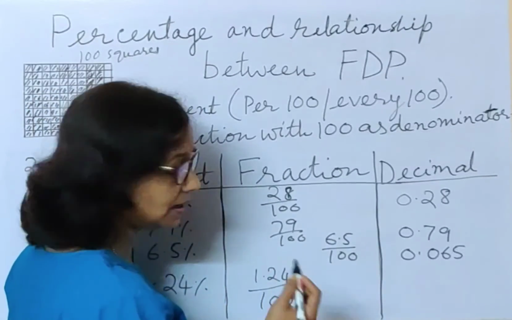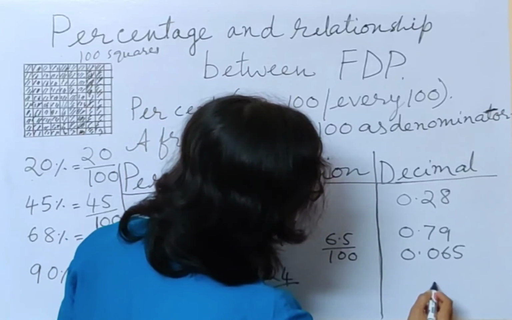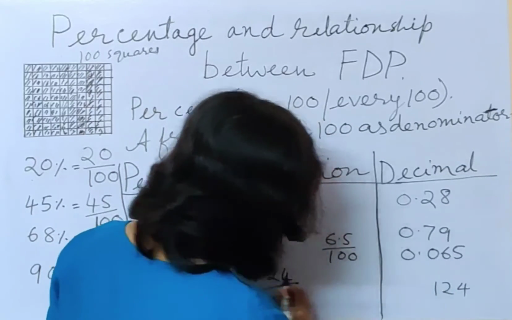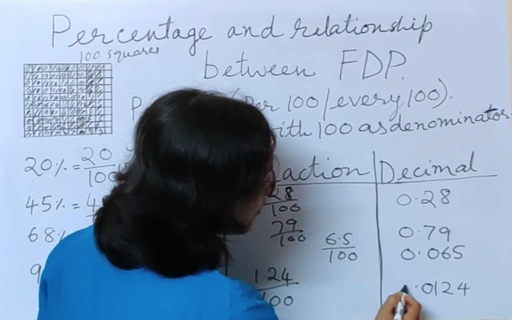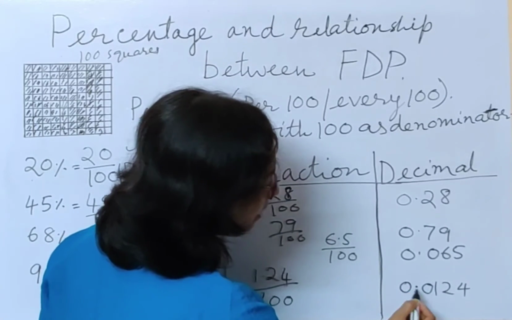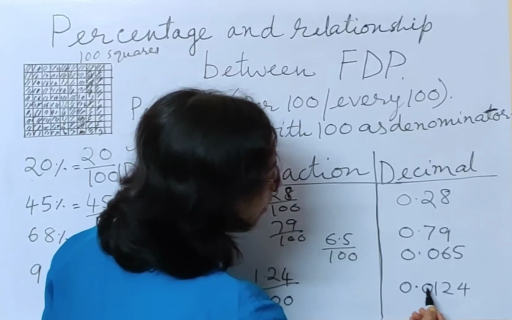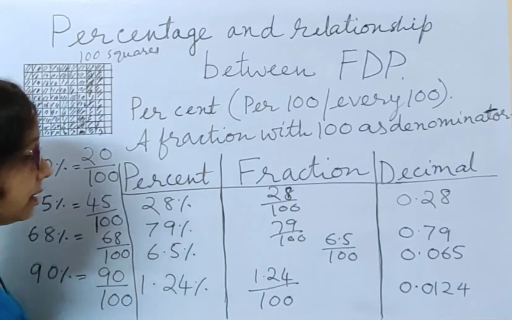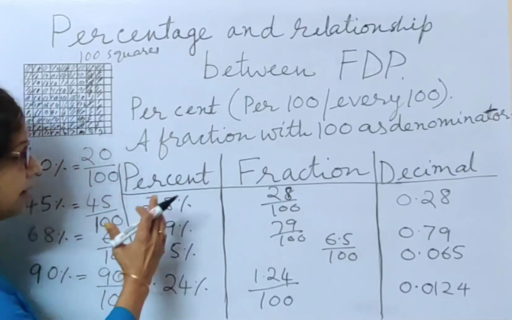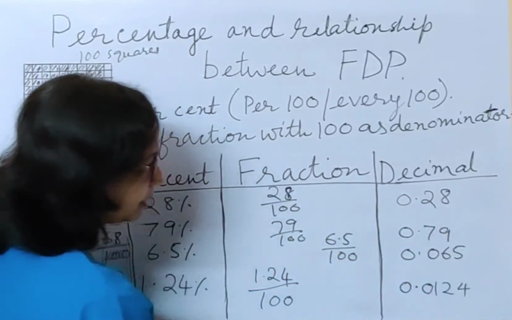So it is 124, see, already 1 we have. One more number, then 0 for the whole number, decimal point, and 0. So 0.0124. This is the relationship between percentage, fraction and decimal.